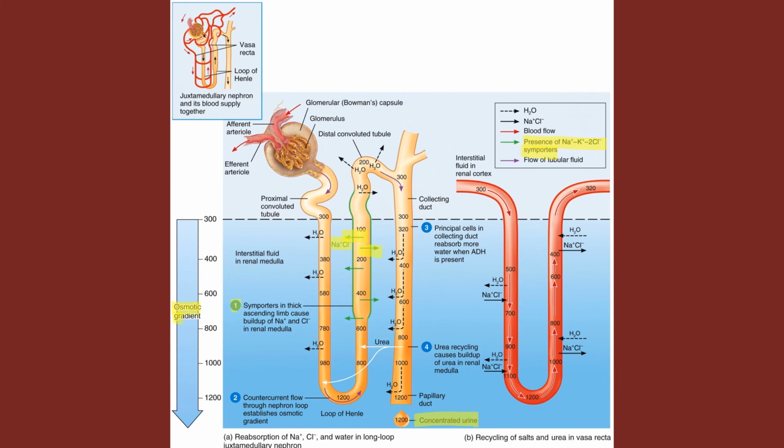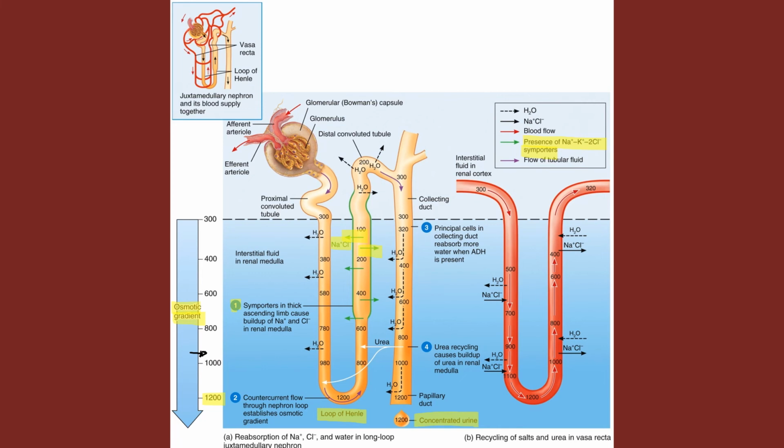We have this osmotic gradient, but because the loop of Henle is so much longer, it goes a lot deeper into that very strong osmotic gradient. Whereas in the last one, we're only getting to about 900 milliosmoles. The other cortical nephron loops are only going to be coming down to about here, so not that far into the osmotic gradient of the medulla.